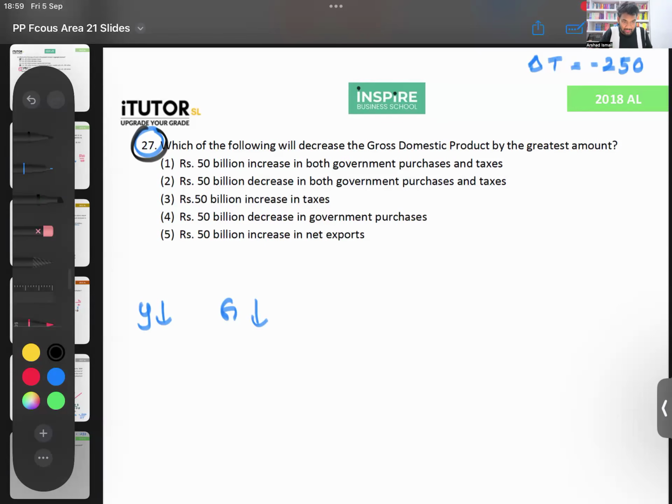Right. So they're saying, which will decrease GDP by the greatest amount. So to decrease GDP by the greatest amount, either government spending has to come down or taxes have to increase. If you're only doing one of these, which one is more effective? A decrease in government spending or an increase in tax?